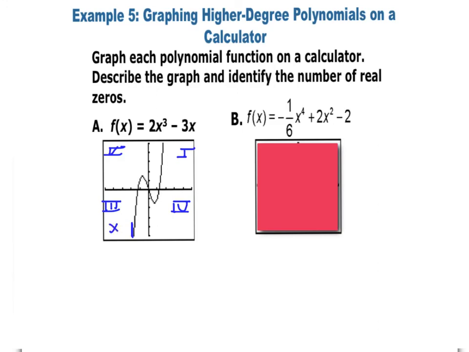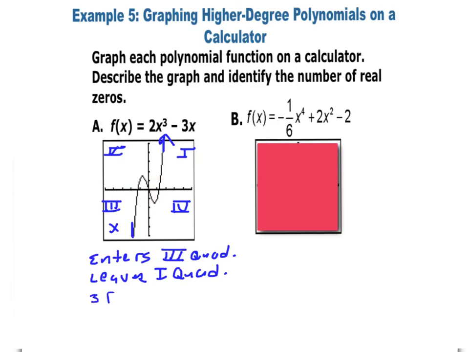Well, this one right here, so I'm going to say it enters the third quadrant, and then it leaves the first quadrant. Now, notice what happens right here. How many times does it cross? Well, 1, 2, 3. So you're going to say it has 3 real zeros.